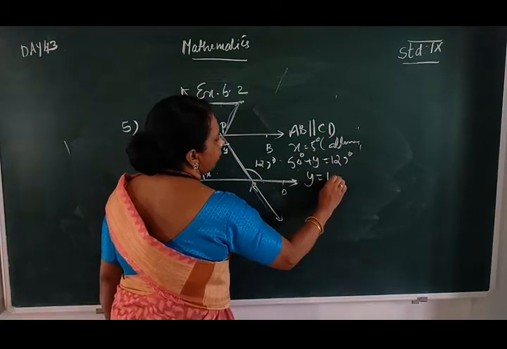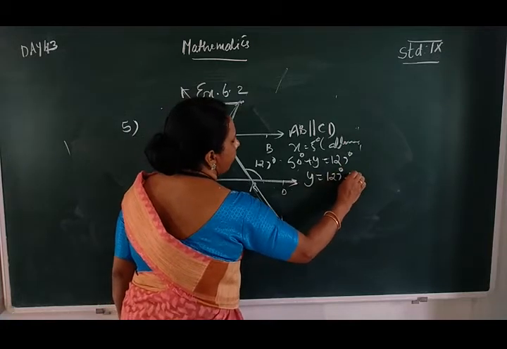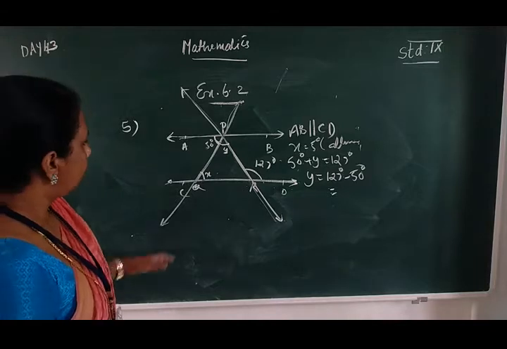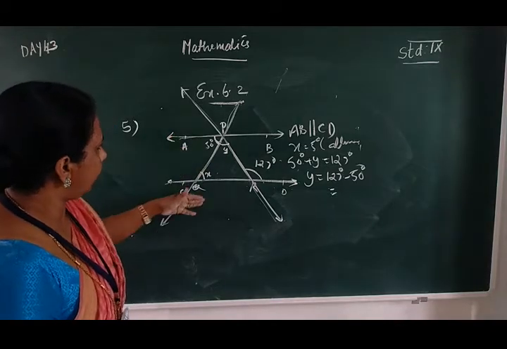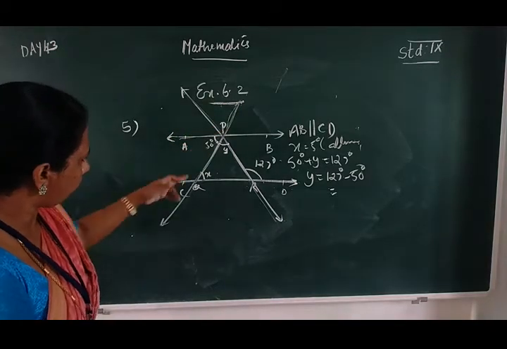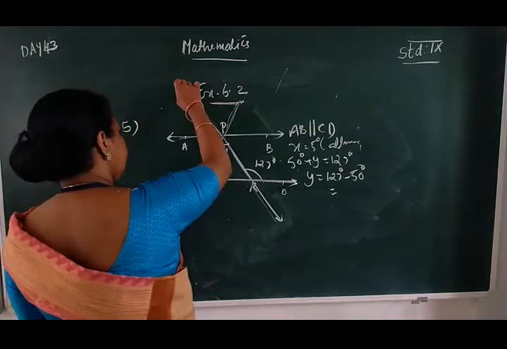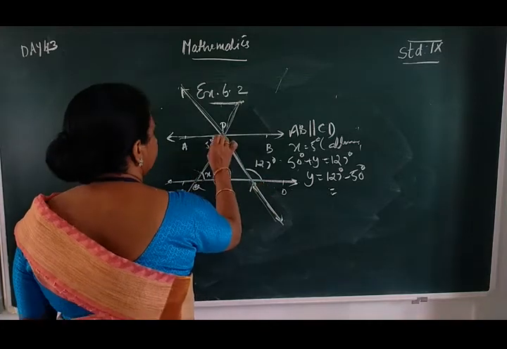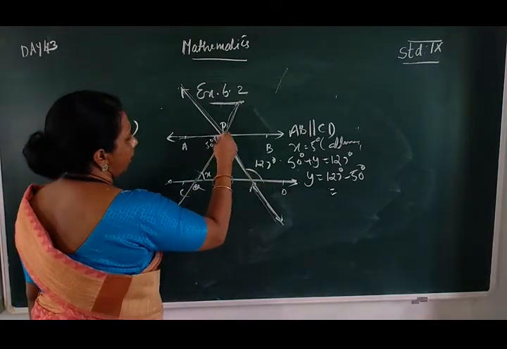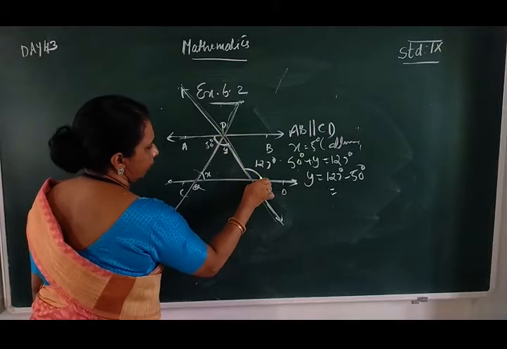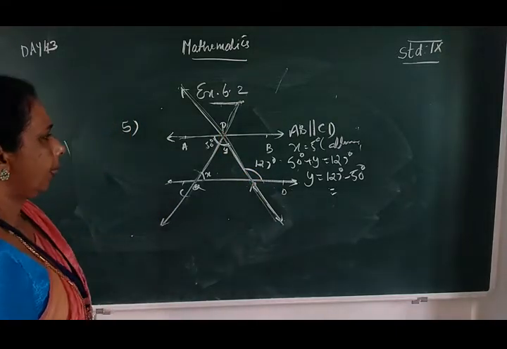Then what is y? 127 degrees minus 50 degrees. AB is parallel to CD and this is the transversal, therefore alternate interior angles are equal.